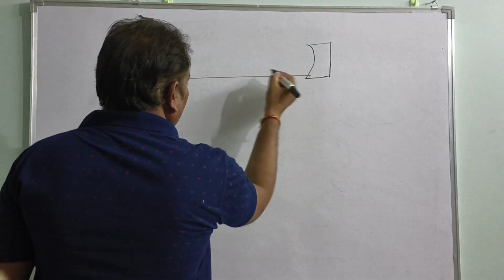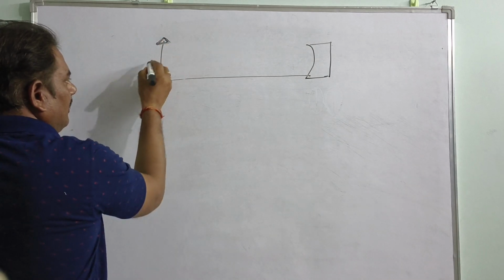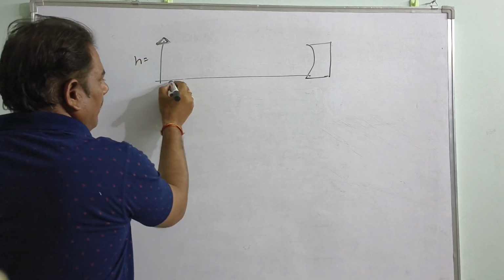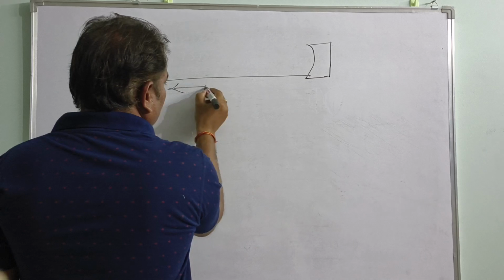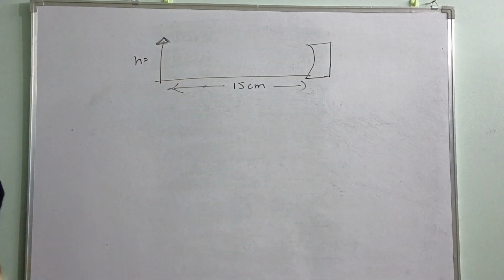An object is placed, this is the height of the object, and this is the object distance, that is 15 centimeters. 15 centimeters is the object distance and 5 centimeter is the height.